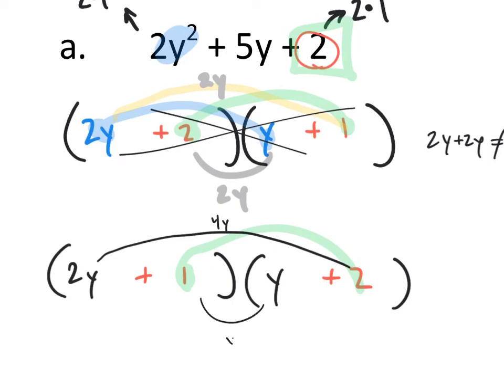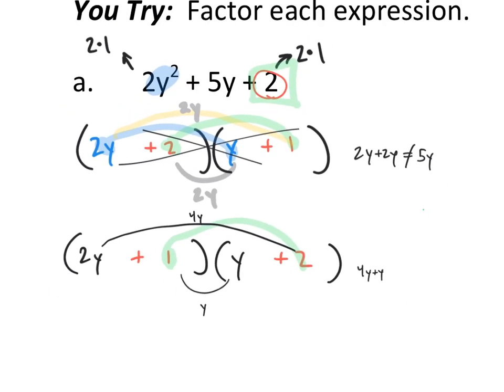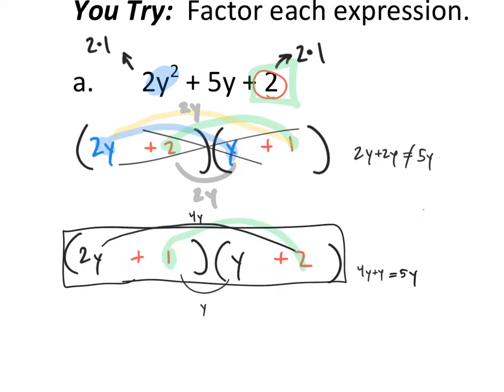We'll get 1 times y to get y. 4y plus y is equal to 5y. That means that this one is correct. There's a lot to keep in mind and balance on the more difficult type, but the more we practice, the better we will get.